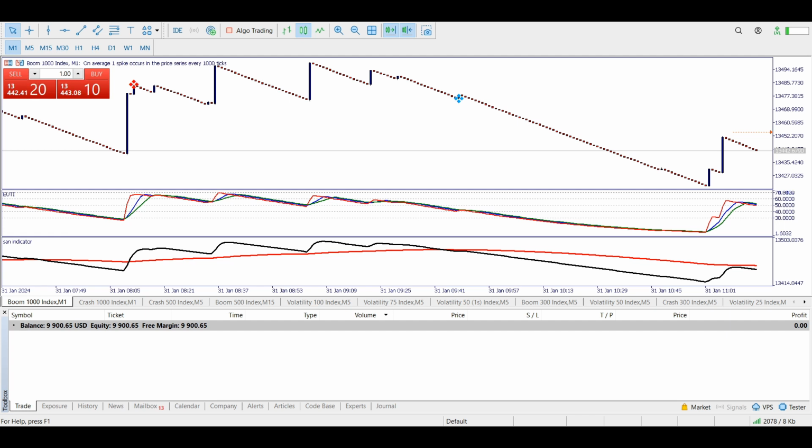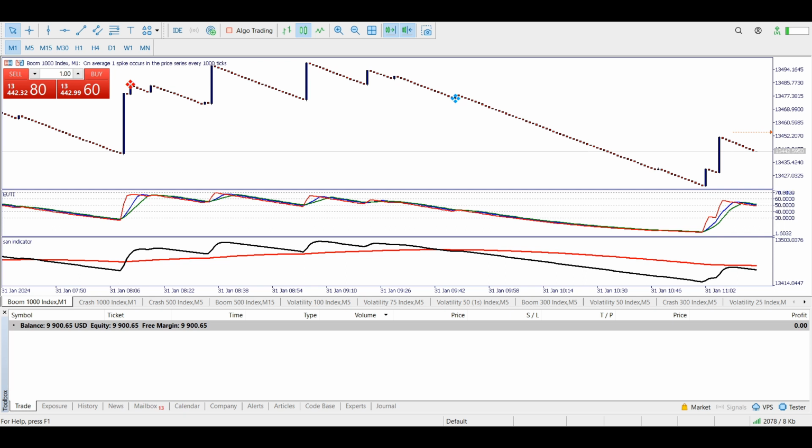And let us see Crash 1000. All right, so we wait, so you can see everything.